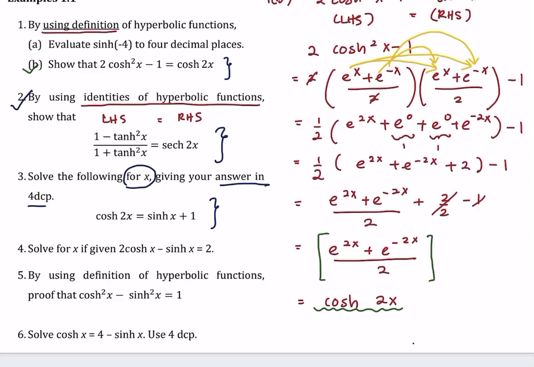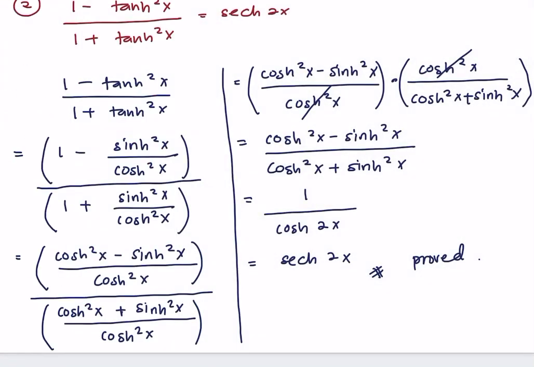Okay, so let's try. We want to solve for x. Okay, number 3. We have cos 2x equal to sin x plus 1. Now we want to find the value of x.